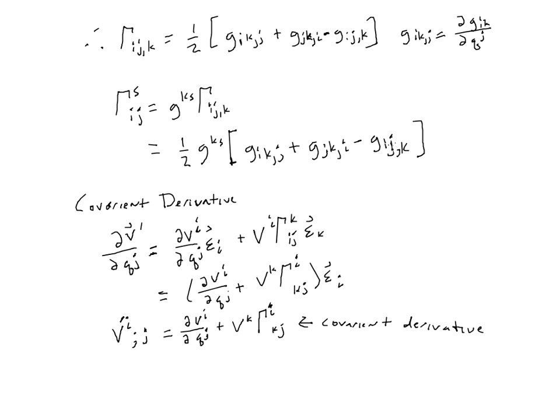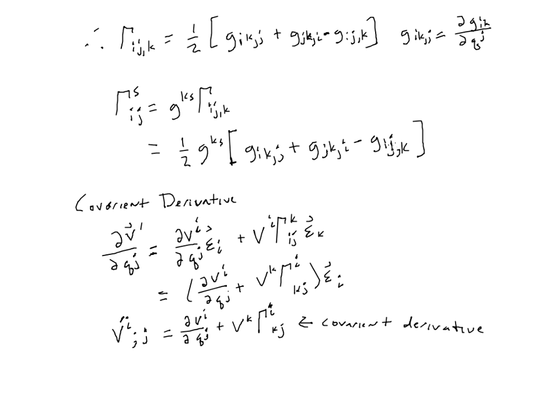All right, and so in this case, v i semicolon j is the jth component of a second rank tensor. And so you'll notice in Cartesian coordinates, this Christoffel symbol disappears.